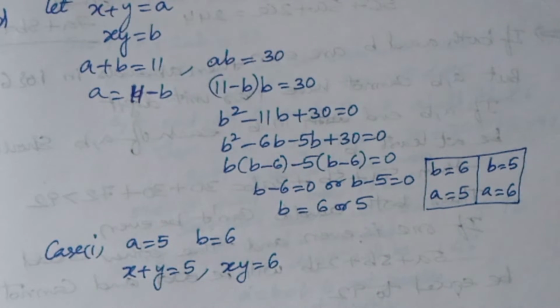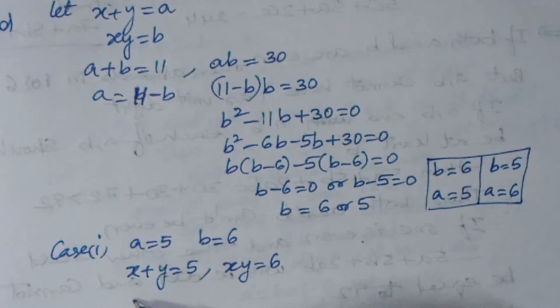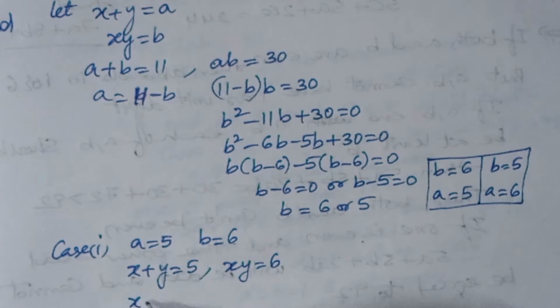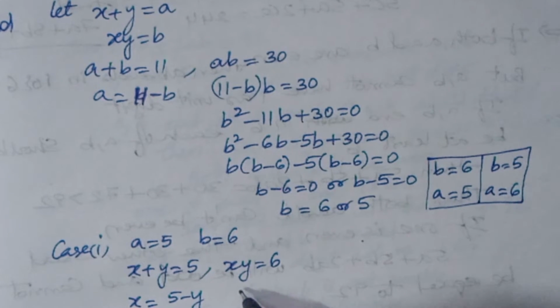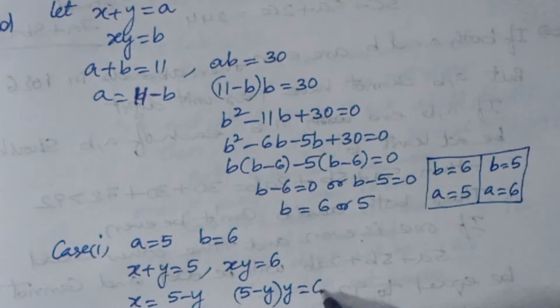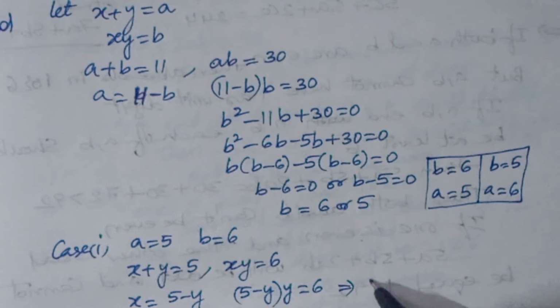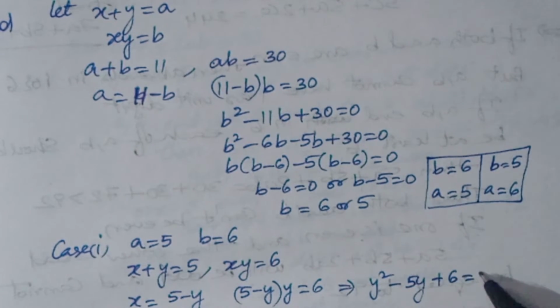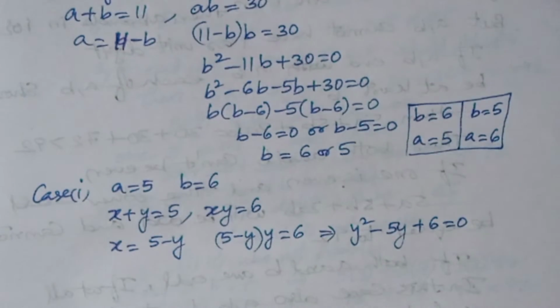So here you can write x is equal to 5 minus y. Here you can replace (5 minus y) into y is equal to 6. This implies y squared minus 5y plus 6 equal to 0.